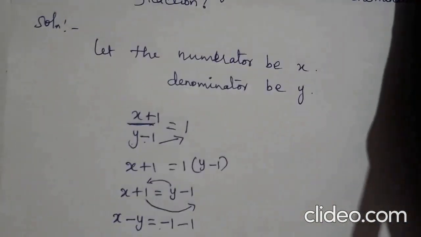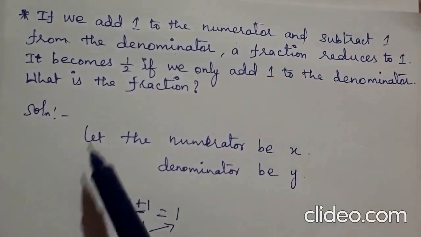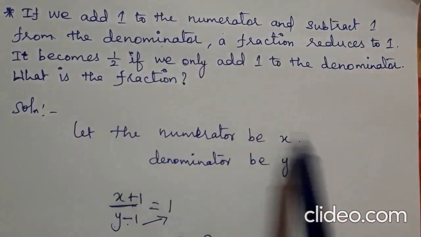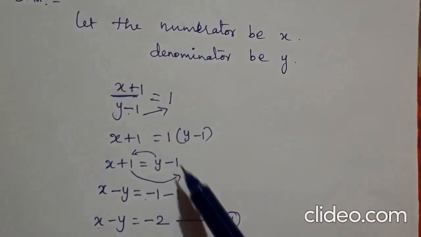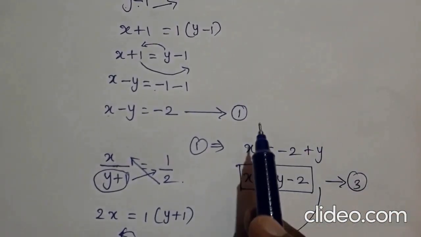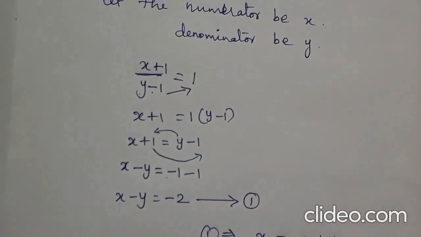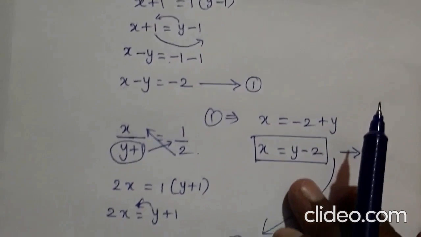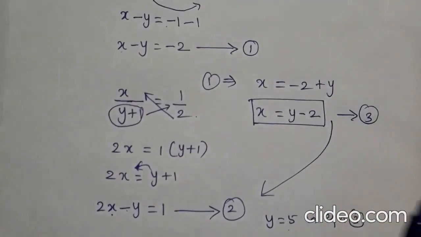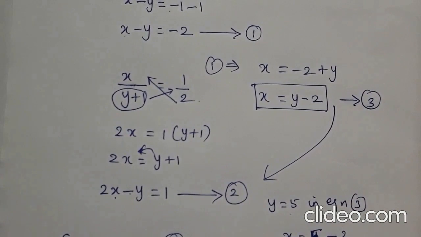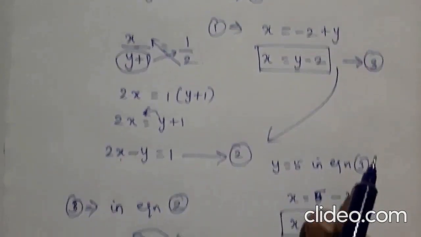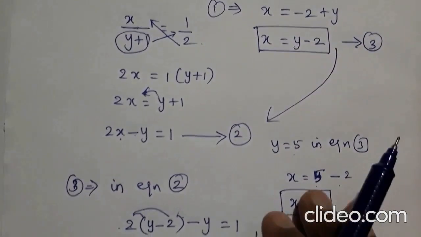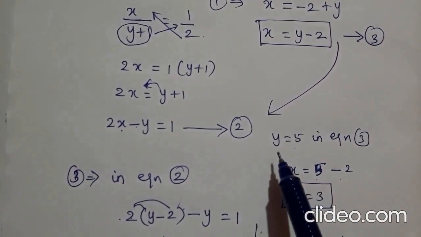After keeping x and y, according to the condition, if we add 1 to the numerator and subtract 1 from the denominator, from the condition we get one equation. From the second condition we are going to find the second equation. From both equations, by using the substitution method, we are finding the values of x and y. x is equal to 3 and y is equal to 5.